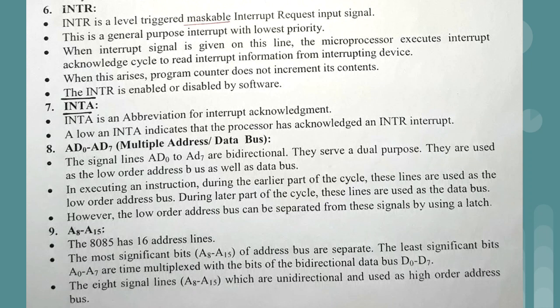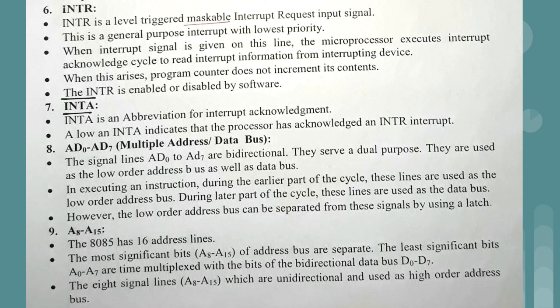The least significant bits, A0 to A7, are time multiplexed with the bits of the bidirectional data bus D0 to D7. Actually, the same thing they have told you: as we all know, we have binary values, and in binary values we have the most significant bit and least significant bit, that is MSB and LSB. These two terms we have used.